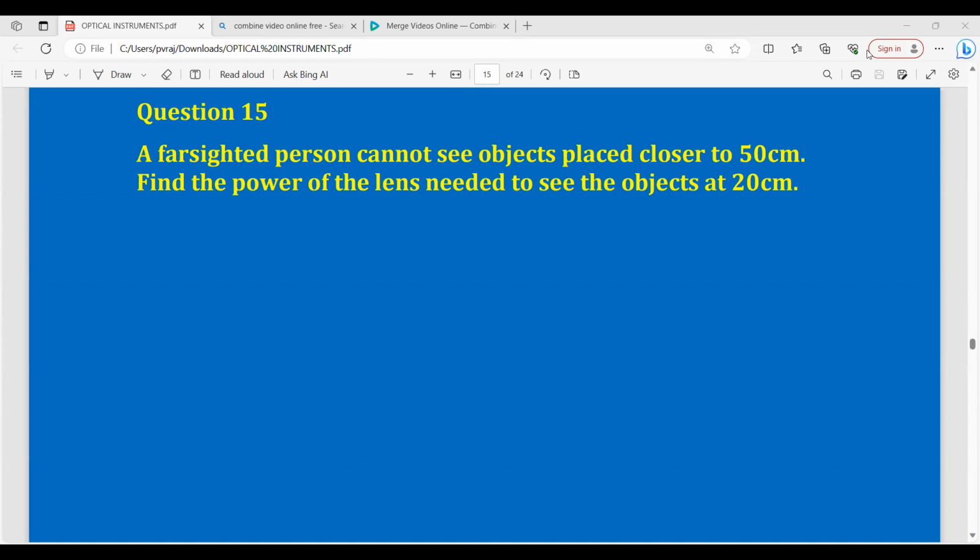That means he can see the objects at least at the distance of 50 centimeters. He can see only if they are farther than 50 centimeters. If closer than that, he cannot see. Then we have to use a lens only, na? Even he should be able to see the objects at 20 centimeters. We have to make it possible to see objects at 20 centimeters also.